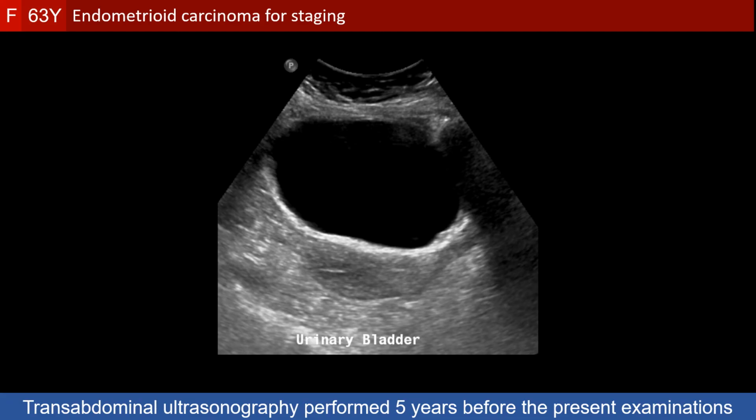We looked into the archive of images of this patient. Probably we may find a clue. We found an old transabdominal ultrasonography 5 years before the present examination, which did not help much if there is a caesarean section scar or not.